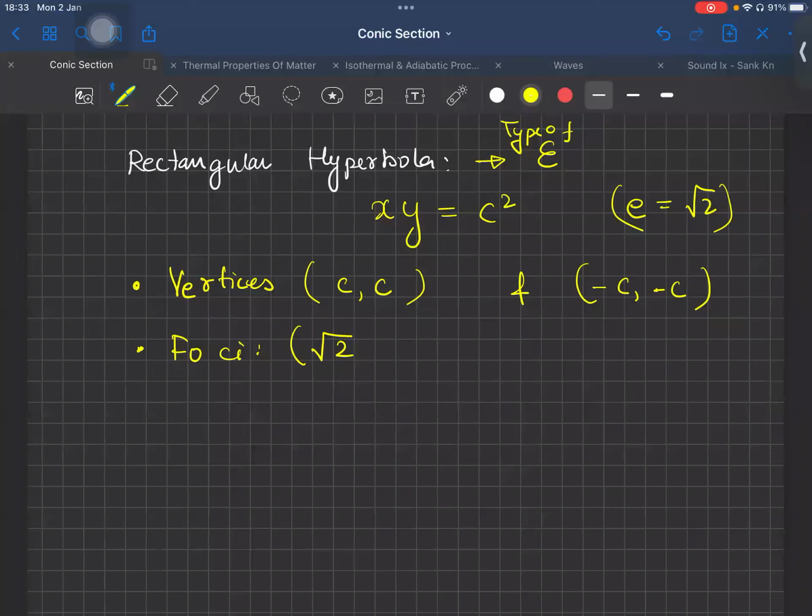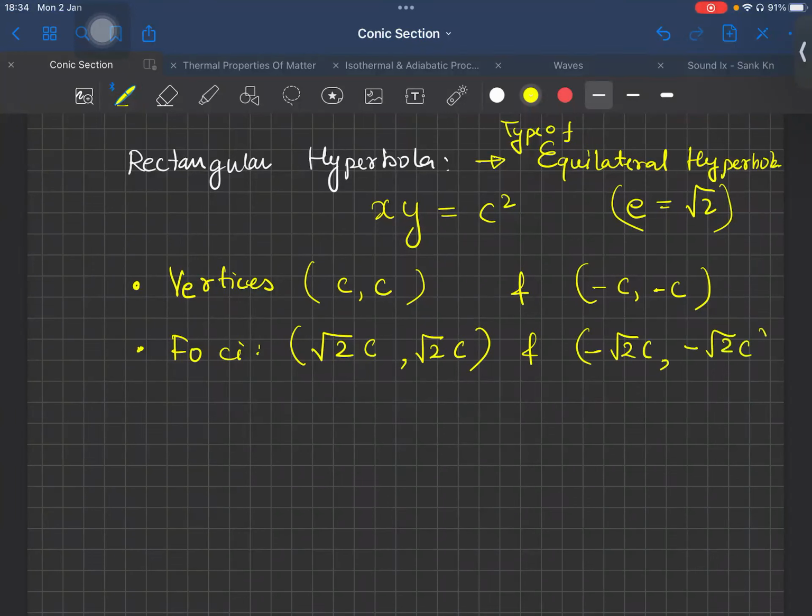So the foci are (square root of 2 c, square root of 2 c) and (minus square root of 2 c, minus square root of 2 c).